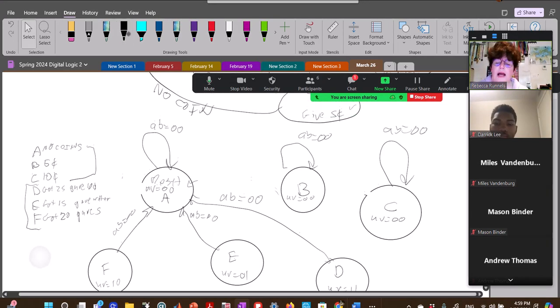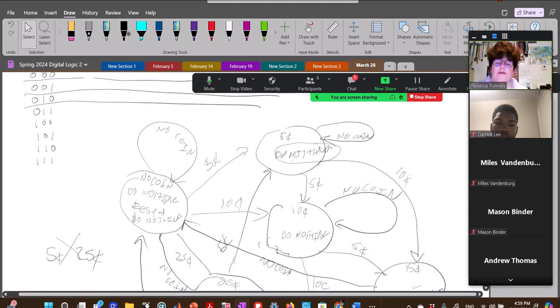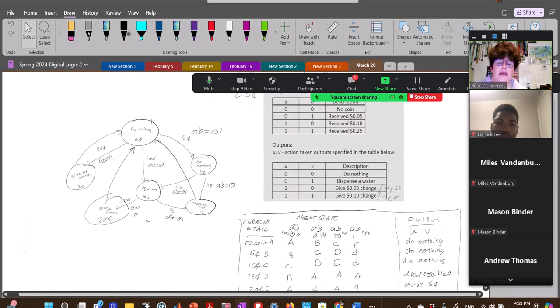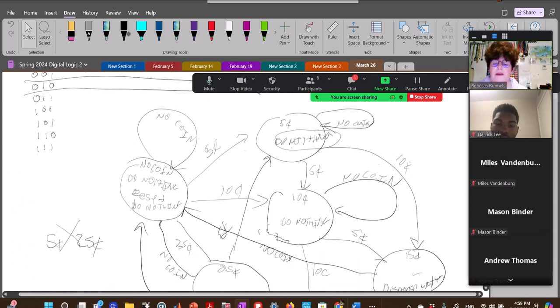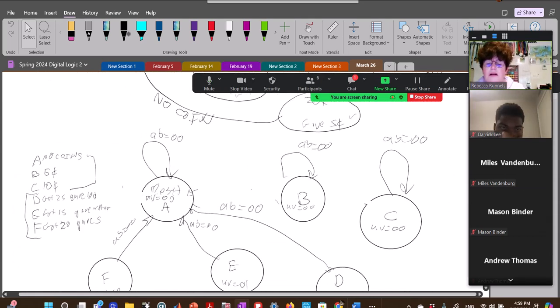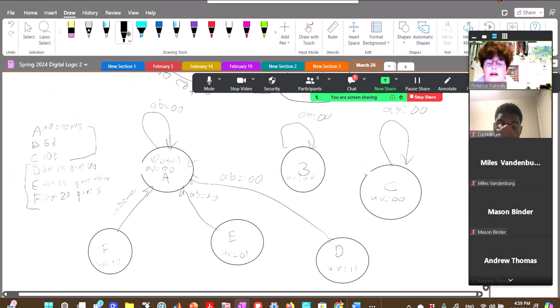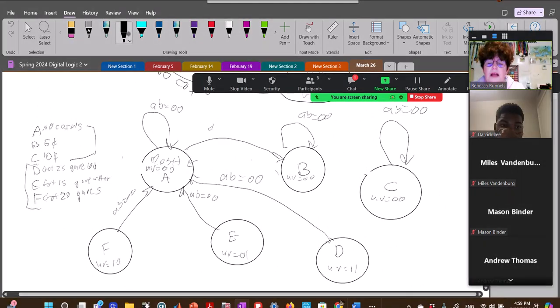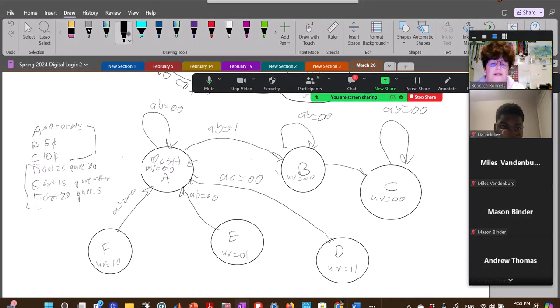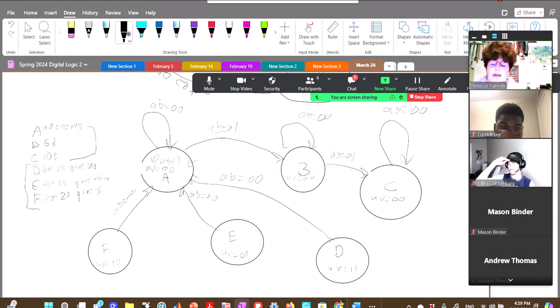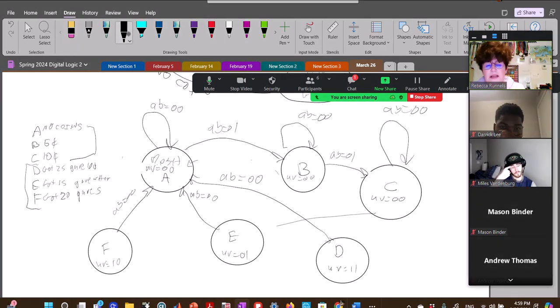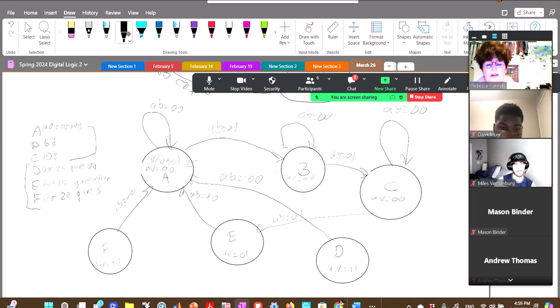Then you want to see, well, what happens to each state if you get 5 cents? And that is AB equals 0, 1. From the 5 cent state, you would go here, AB equals 0, 1. And then if I had 10 cents and I got 5 cents, I would go to state E, AB equals 0, 1.